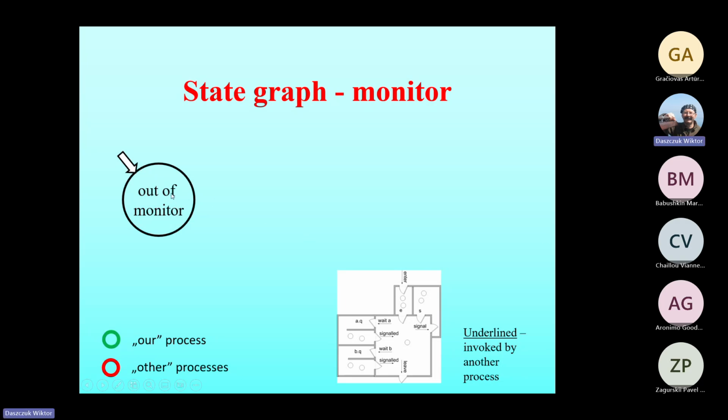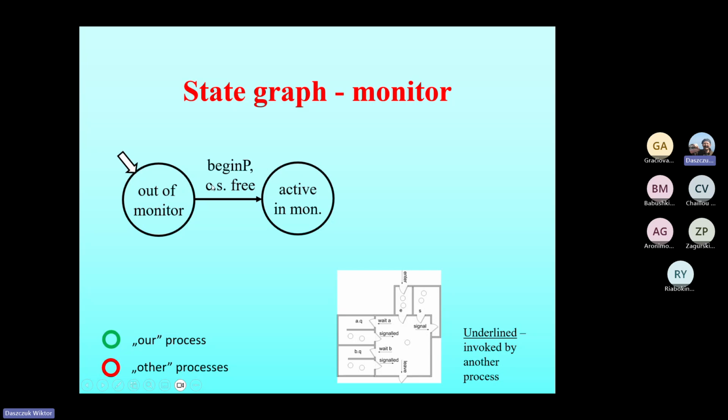Out of monitor means that we have a process that operates in external code to the monitor, and in some moment the process enters the method of the monitor, which is begin in our code with P. It is begin with closing the critical section of the monitor if it is free, and the process becomes active in monitor.